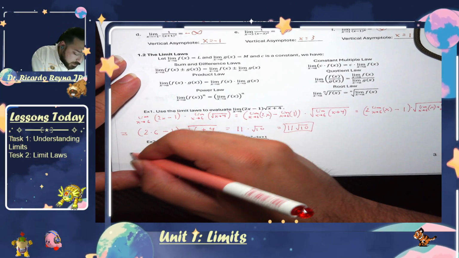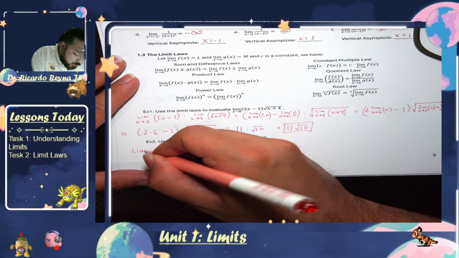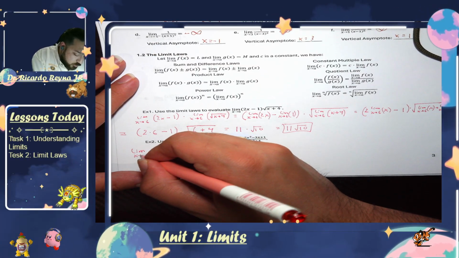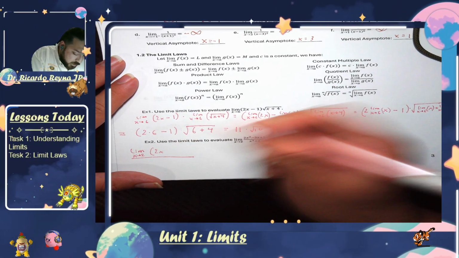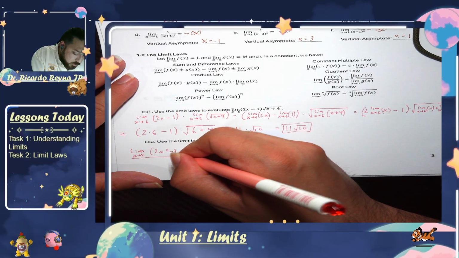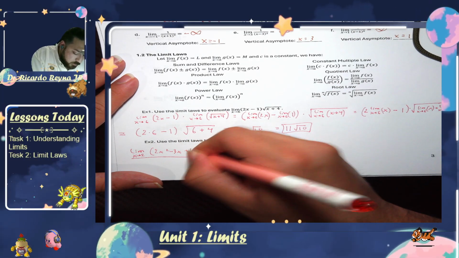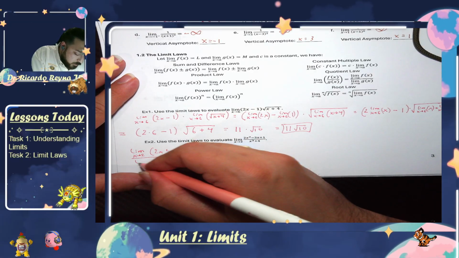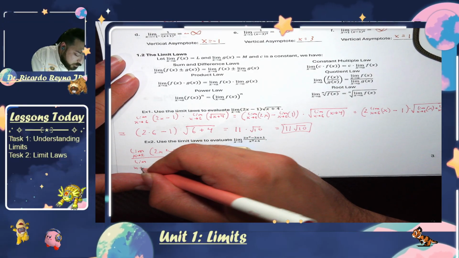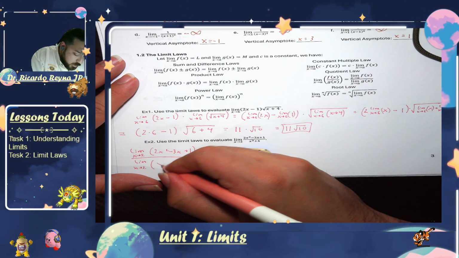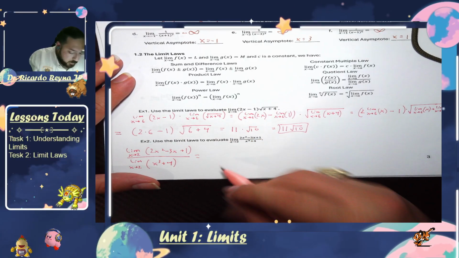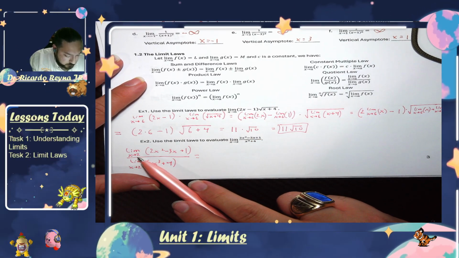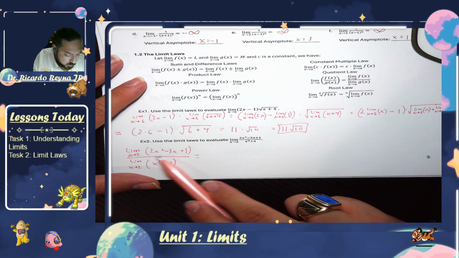All right. So first we distribute that to the numerator and denominator. So the limit as x goes towards 2 of the expression 2x squared minus 3x plus 1. And the bottom, the limit as x goes towards 2 of x to the 3 plus 4, okay? I'm going to go ahead and skip that constant rule.